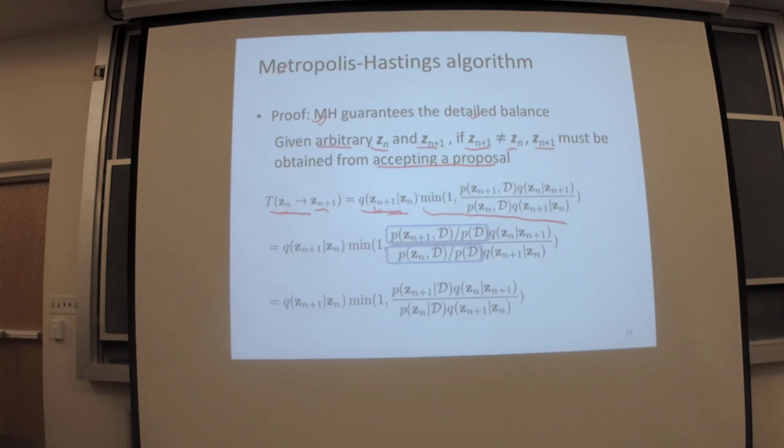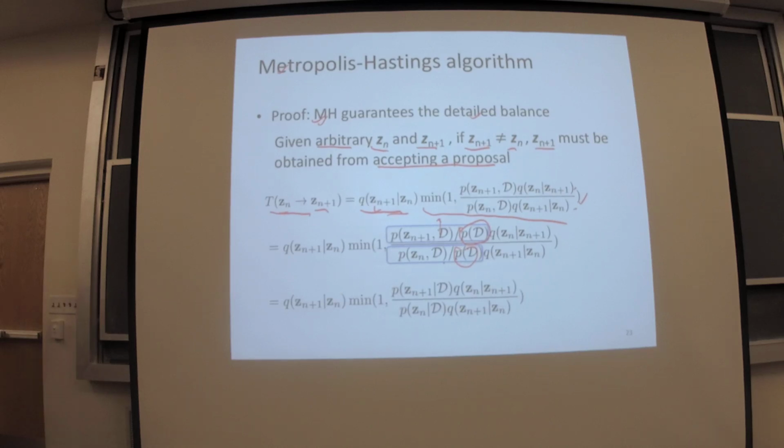So then let's take a look at this, right? If you divide the fraction, on both numerator and denominator, by the marginal distribution of the data, this becomes the posterior distribution, right? So that means it doesn't matter. As long as it is accepted, the posterior distribution will satisfy this constraint.